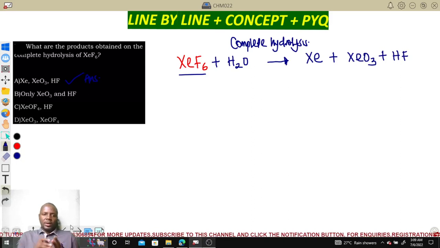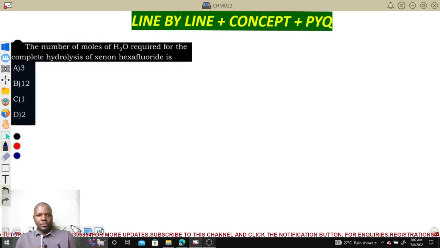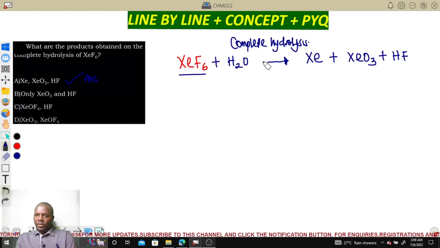The next question is the number of moles of water required to completely hydrolyze xenon hexafluoride is dash. That is what I'm trying to say here. The number of moles of water here is 3 because you have 6 here. So keep that at the back of your mind.